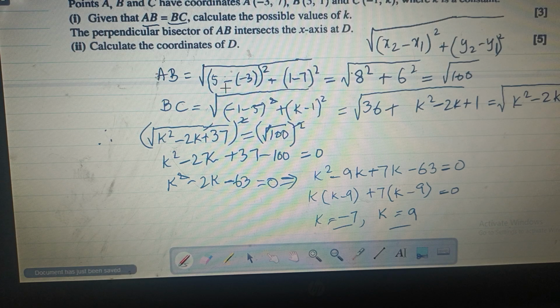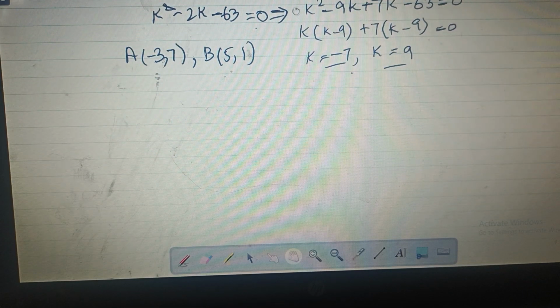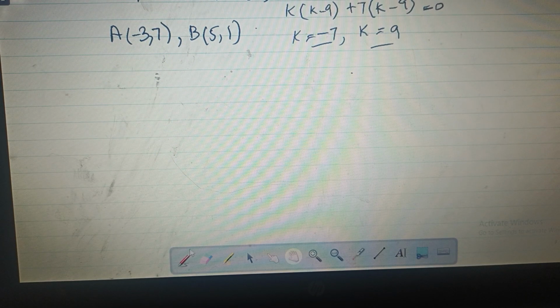The y coordinate is 0 on the x-axis, so I will put 0 there and I will get the x coordinate. For the whole process I'm using A is minus 3 comma 7, and B is 5 comma 1. First of all I want to calculate its midpoint.